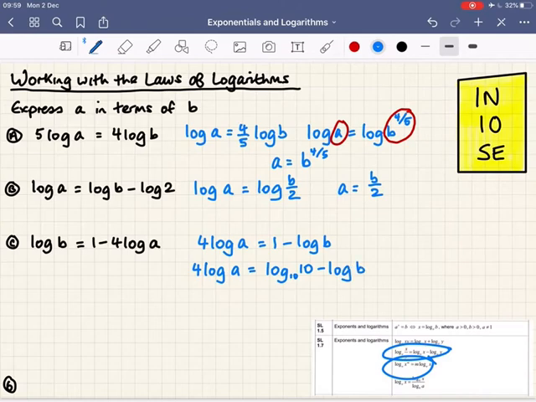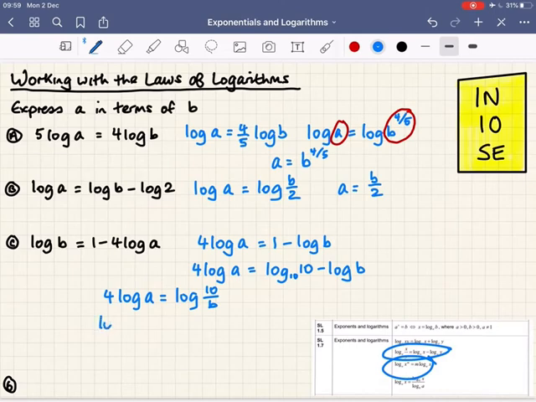Now I can bring those together. So I've got 4 log a equals log of 10 over b, because I'm doing a subtract there. And then I can divide by 4.